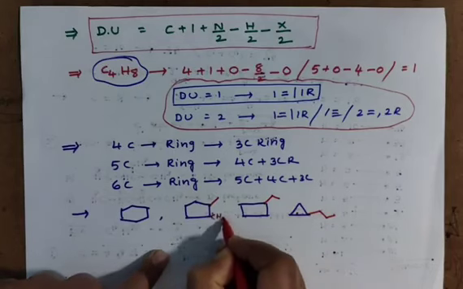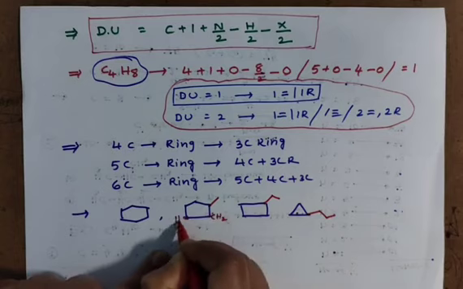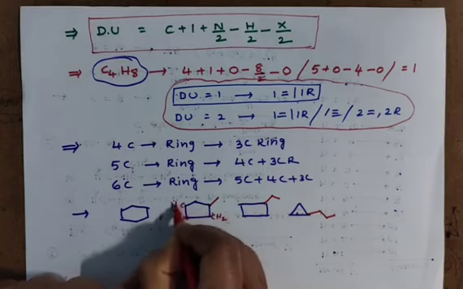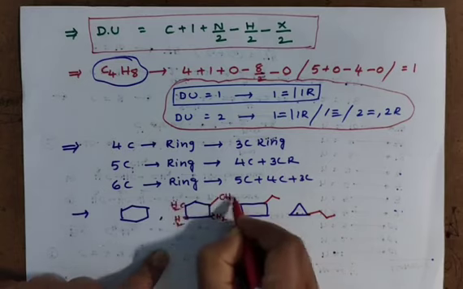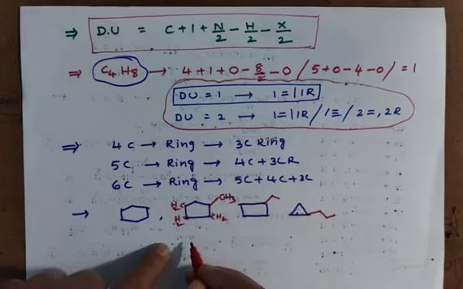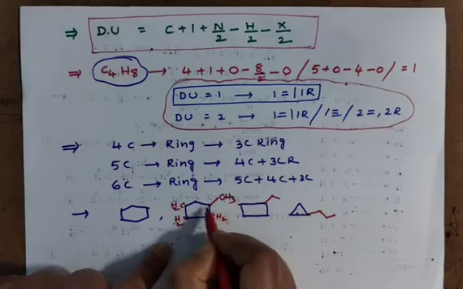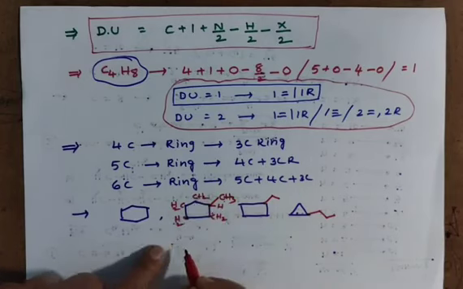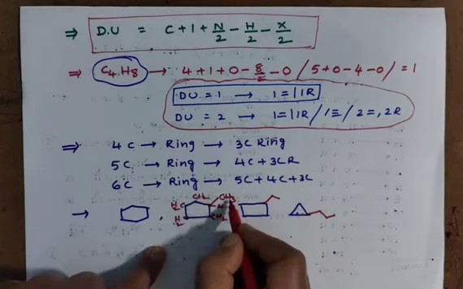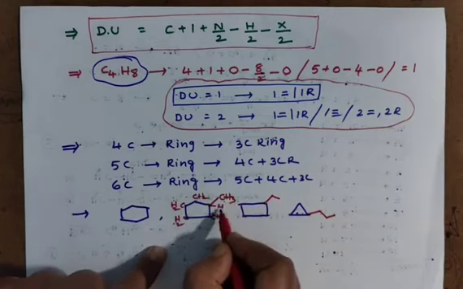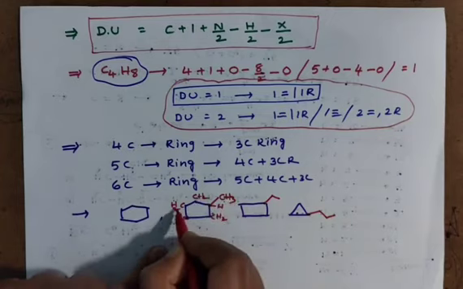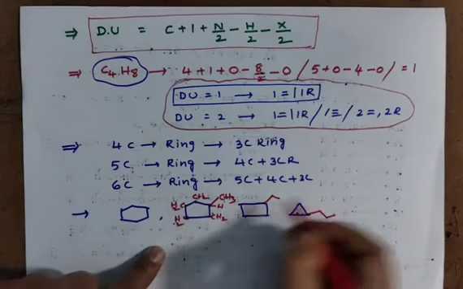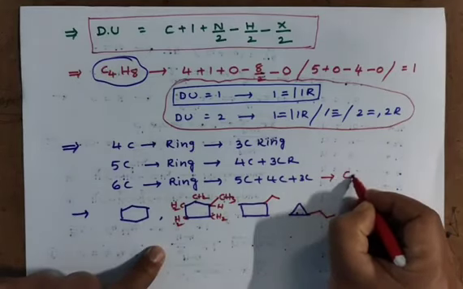Here CH2, CH2, here CH2 and here CH3, CH3, and here you have 1, 2, 3 hydrogens and here CH2. See 3 hydrogen, 4, 6, 8, 10, 12. So with the 6 carbon what you are getting?